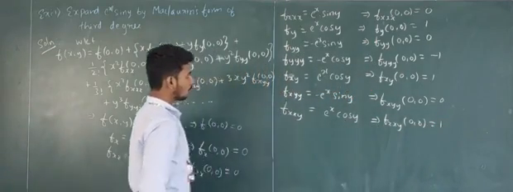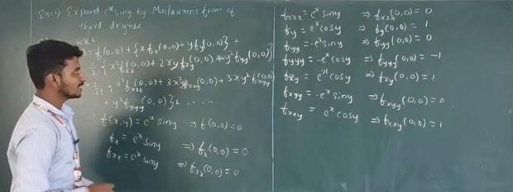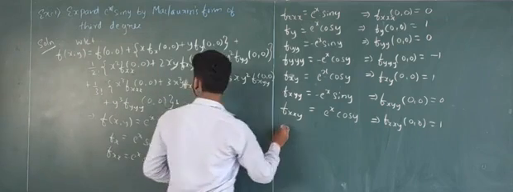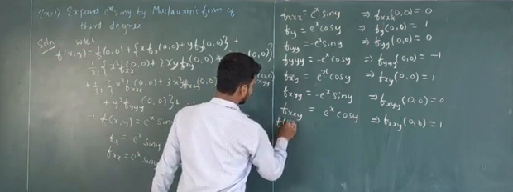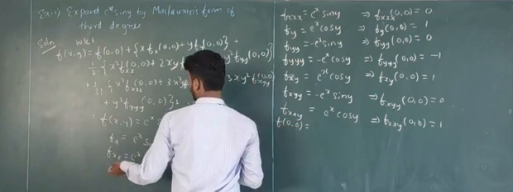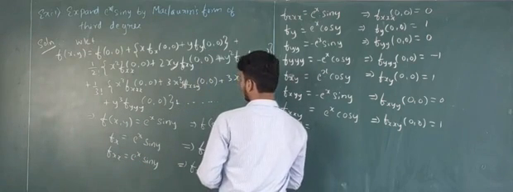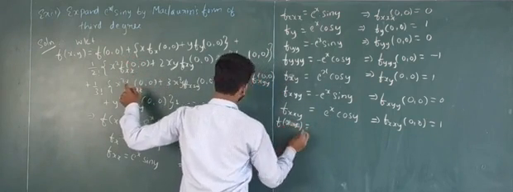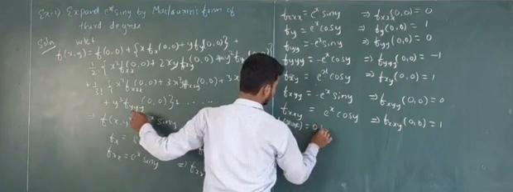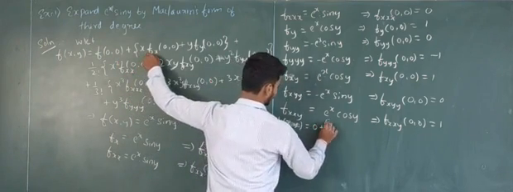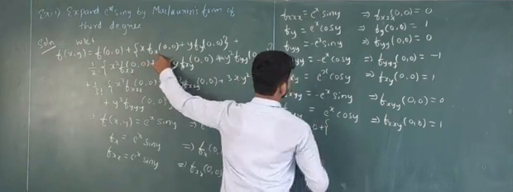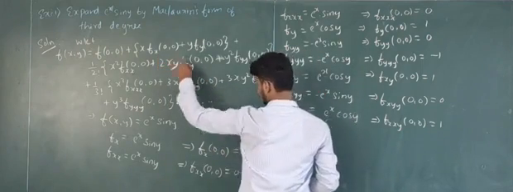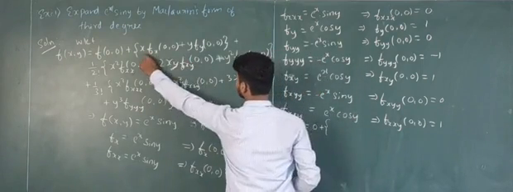So now we have found this much of values. Next we have to substitute the found values in this equation. That is f of 0 comma 0 equal to f of 0 comma 0 plus fx of 0 comma 0, which is 0, so this whole term will be 0.